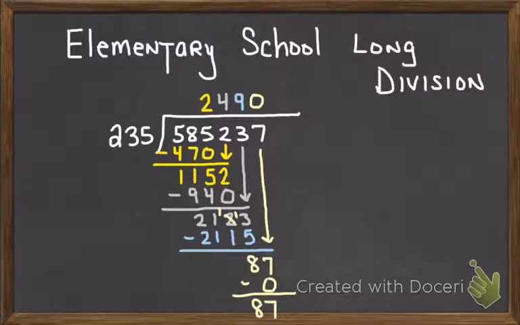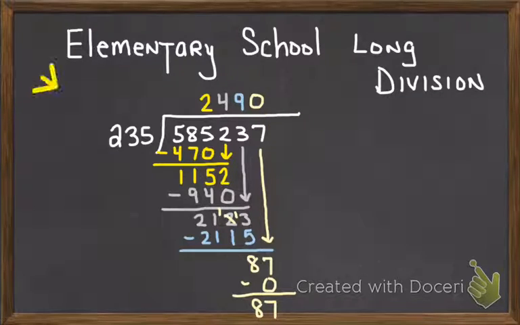What do we call that 87? What is this number right here? What's the 2,490 called?